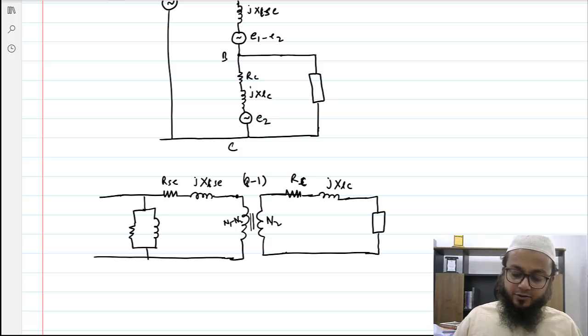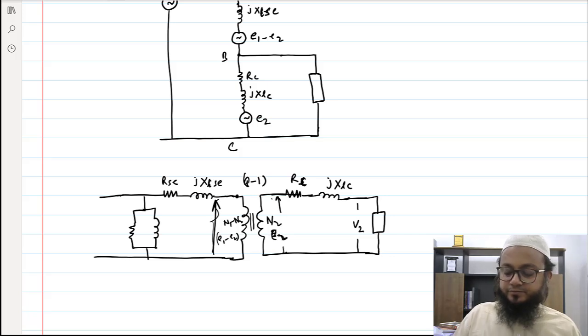This is the voltage here, let's say V2, and obviously here we have E2, and in this portion we have E1 minus E2, the voltage here. Here we have E2. The RMS would be E2 capital, and the small one is the instantaneous one.